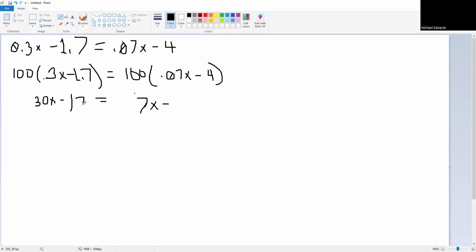So this one would actually be 170, because that's 100 times 1.7, and 100 times 4 is actually 400. So you do get these large numbers, but they are regular integers, and maybe it is easy to think about and work with. But for now, I'm just going to add 400 to both sides.